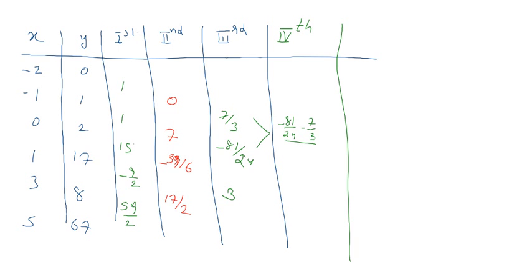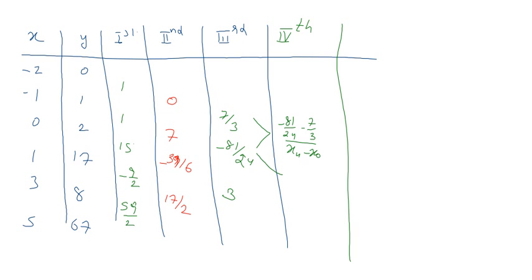Fourth order, 4 minus 1 is 3. So you are going to skip 3 and start from x0. So x0, x1, x2, x3, x4. So it must be x4 minus x0. You are going to skip between 3 values. So 3 minus minus 2, that is 5 in the denominator.